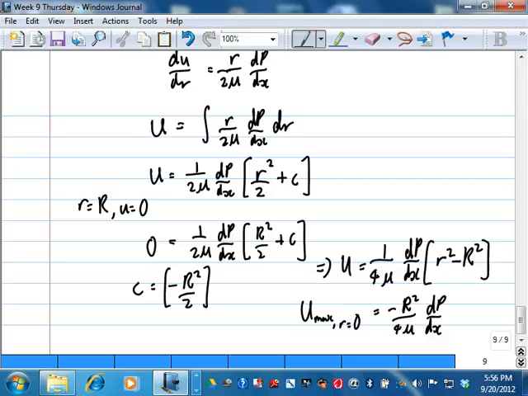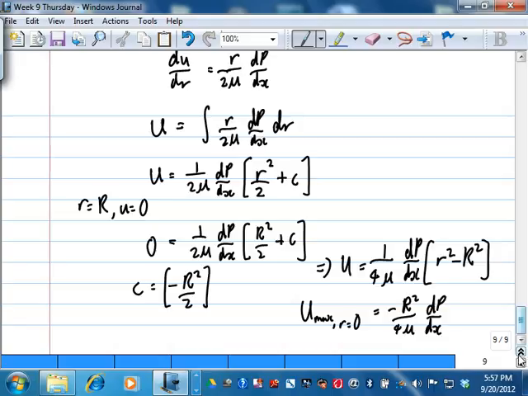Now we want it in terms of the mean velocity, because we've got the velocity profile as a function of dp dx. We've got the maximum velocity as a function of dp dx. We want the mean velocity as a function of dp dx.